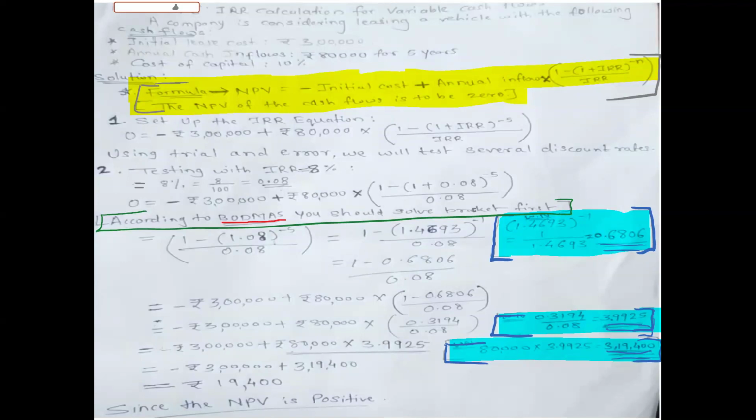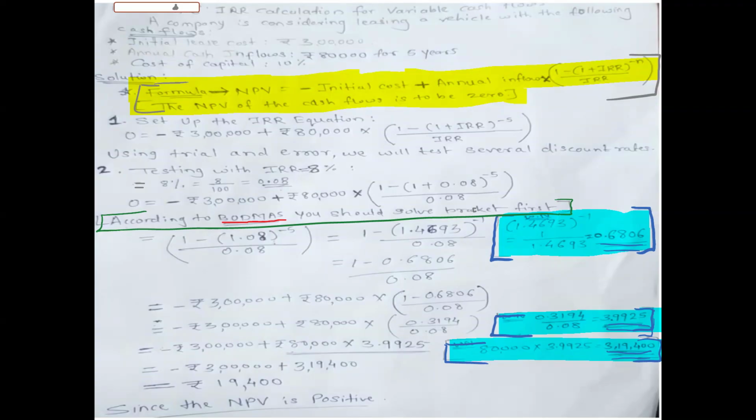Now I have done the calculation. So 1.4693 bracket complete raised to minus 1. Now it will be division. We have to do division.